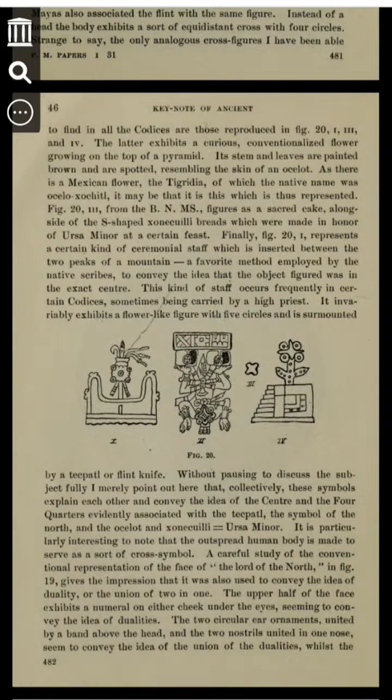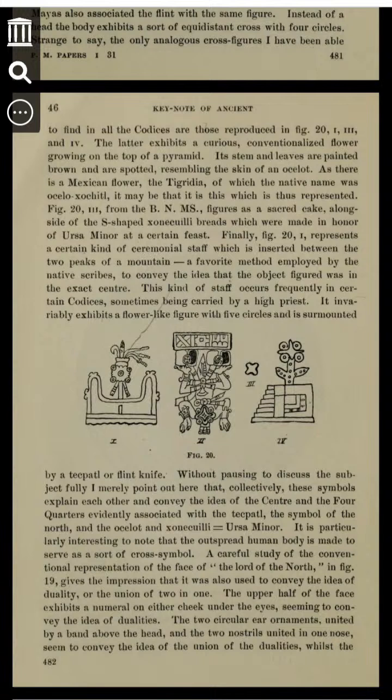A careful study of the conventional representation of the face of the Lord of the North in Figure 19 gives the impression that it was also used to convey the idea of duality or the union of two in one. The upper half of the face exhibits a numeral on either cheek under the eye, seeming to convey the idea of dualities.